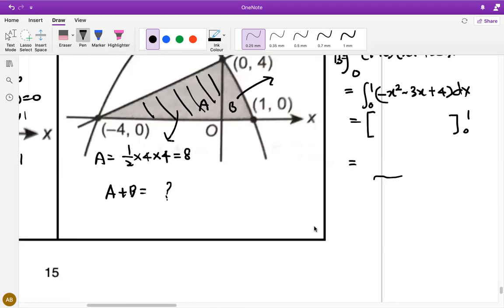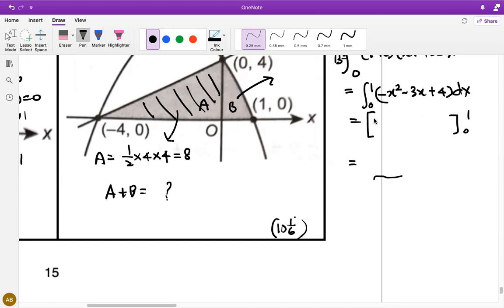So the answer is 10 and 1 over 6. You can check. Okay, let me check to be correct. 4 minus 3x.